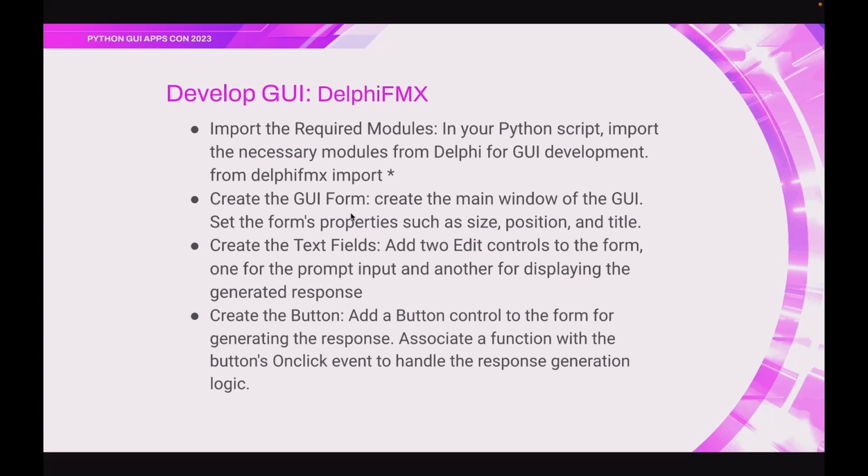Create the main window of the GUI, and set the form's properties such as size, position and title. Then create the text field: add two edit controls to the form, one for the prompt input and another for displaying the generated response. And finally we create a button. We add a button control to the form for generating the response, and associate a function with the button's on click event to handle the response generation logic.